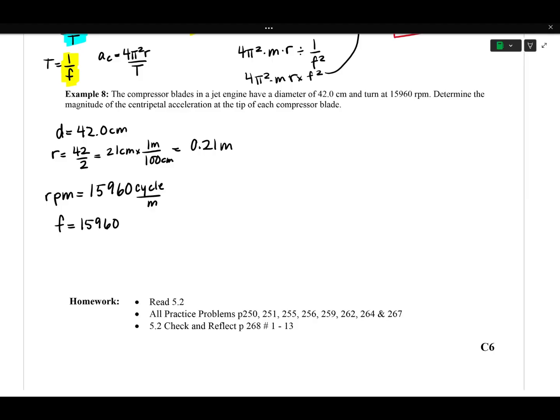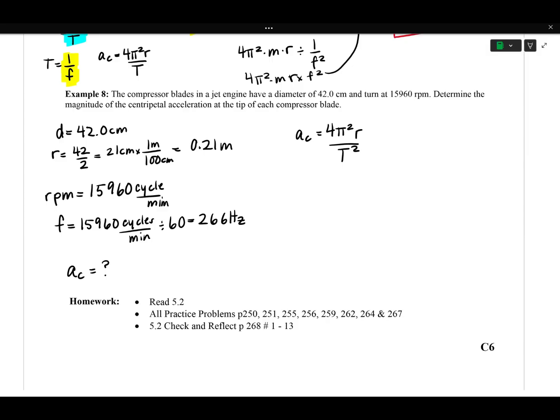So those are our RPMs. So now if I want my frequency, I'm going to take 15,960 cycles per minute. I'm going to divide by 60, and that is going to give me 266 hertz. Okay, and we want to solve for centripetal acceleration.